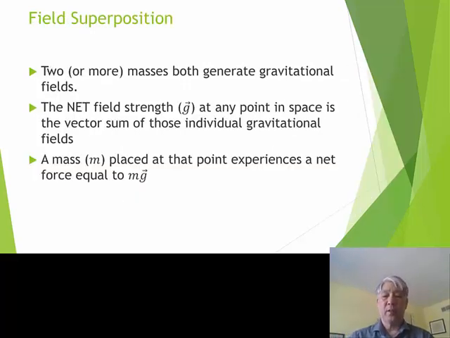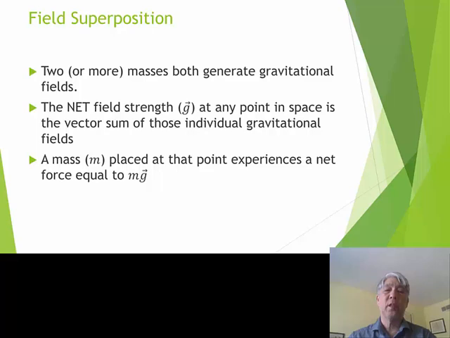Because we don't ever stop with just one object, we could have 2 or more masses, like the Earth and the Moon, or the Sun and the Earth, or any other combination of masses. They do generally have to be fairly large, otherwise one really dominates the other. So with 2 or more, both masses will generate gravitational fields. Like I said, all masses do that.